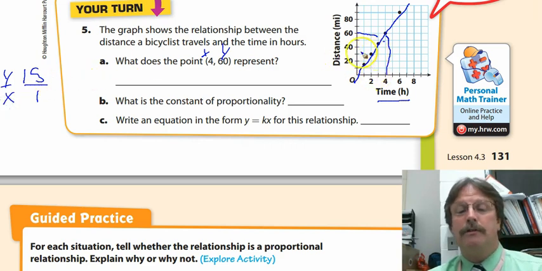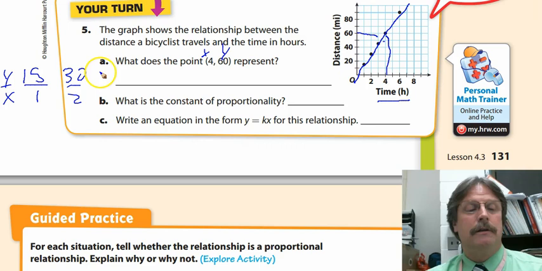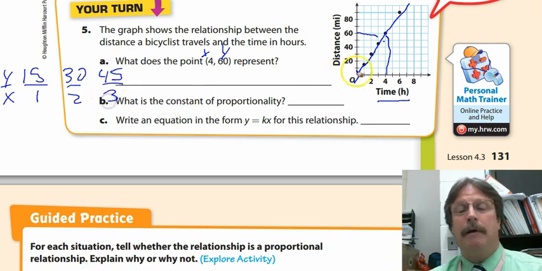Then my next one is 2, and let's see, that's 10, 20, so that's 30. So 30 and 2. Then the next point is 3, and it looks like 45, because that's 50, that's 40, and it's halfway in between. So 45 and 3. Notice I'm creating my own table.